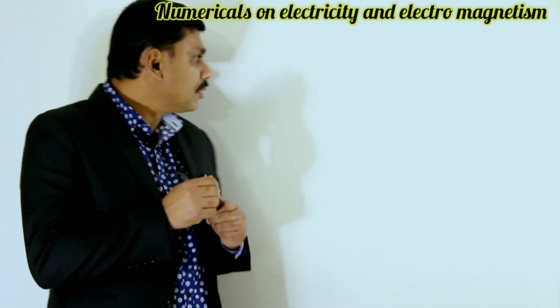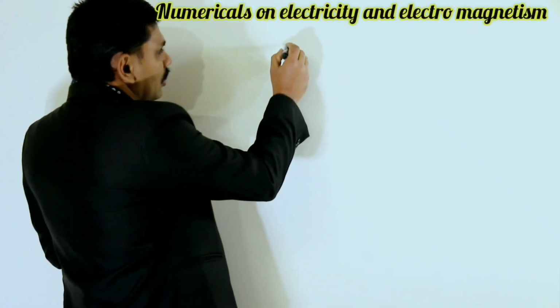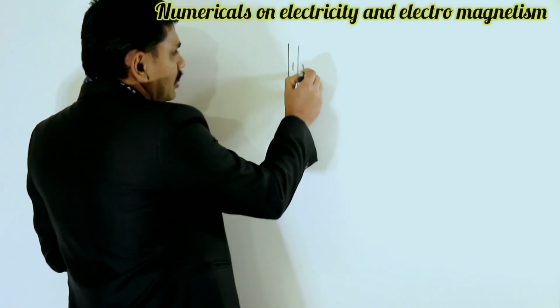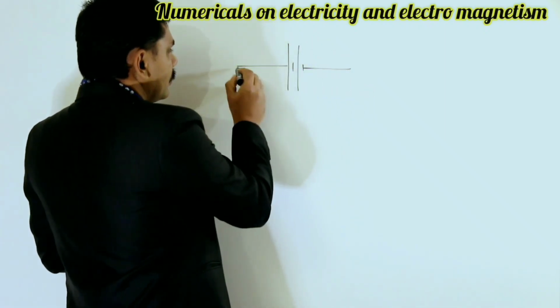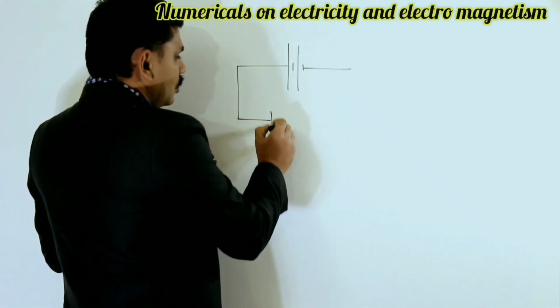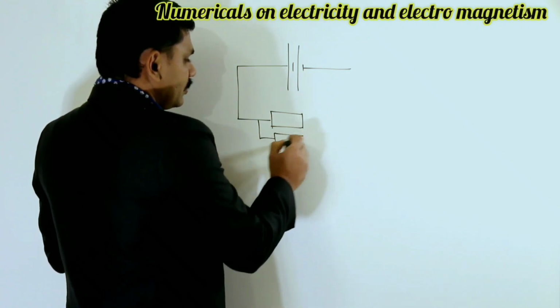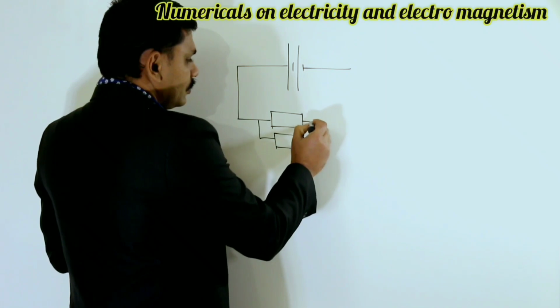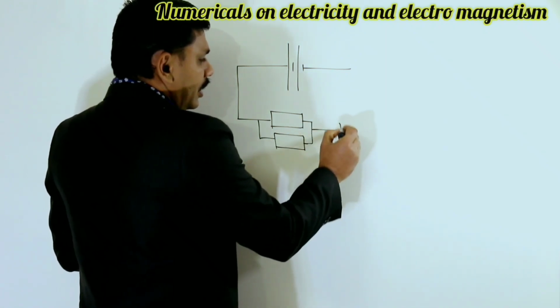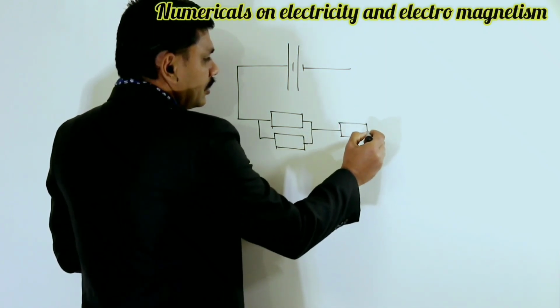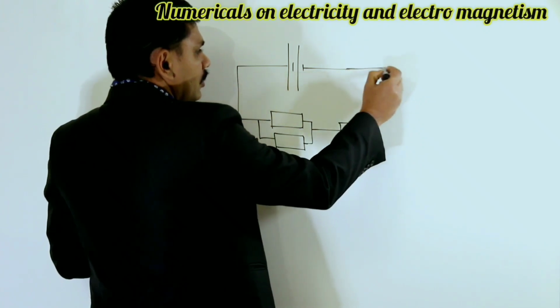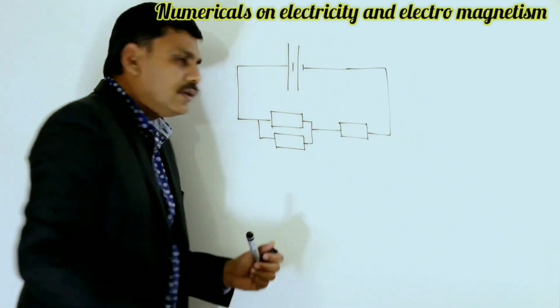I am drawing a circuit. This is a battery. It is connected to two resistors. Then again connected with another resistor. This is a circuit.